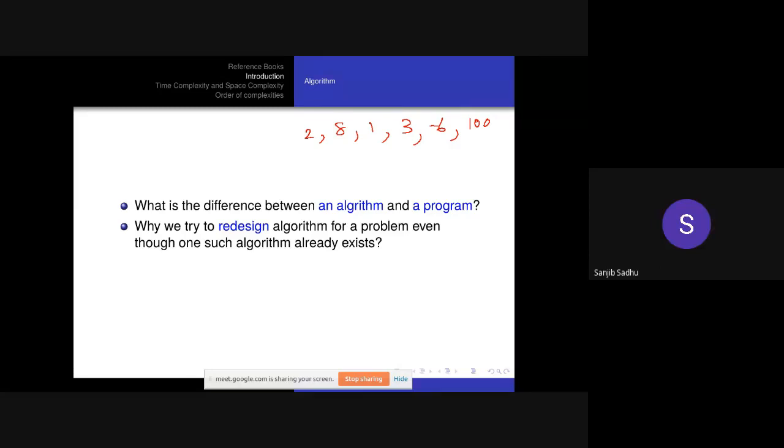That means if you write all possible permutations of the sequence, then one of them will be in sorted order, and after that you can find it. This is a very inefficient algorithm, because to find the permutations it needs factorial n. Factorial n means n into n minus 1 into n minus 2, and so on up to 2 into 1. So the time complexity is very high.